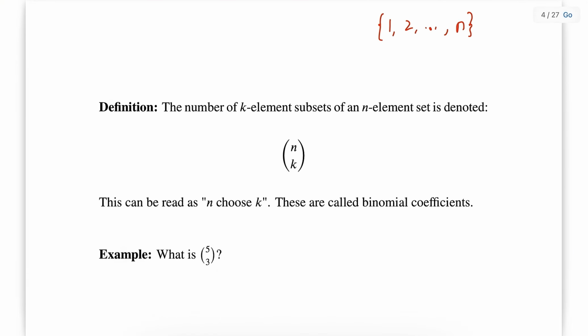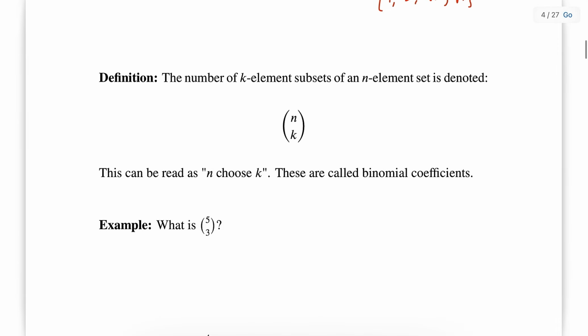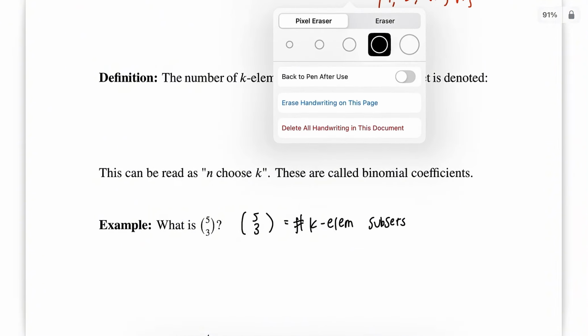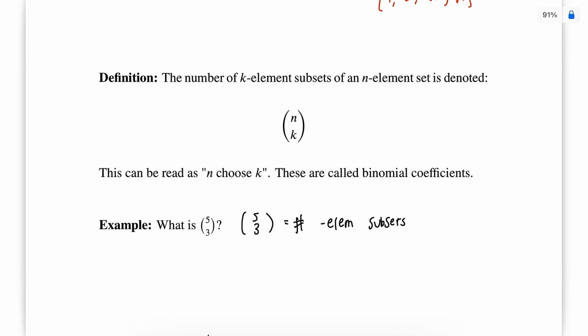So, for example, 5 choose 3. Well, let's read out the definition, right? What is 5 choose 3? So 5 choose 3 is the number of k-element subsets. Well, I guess here k is 3, so I'll write 3-element subsets of a 5-element set.